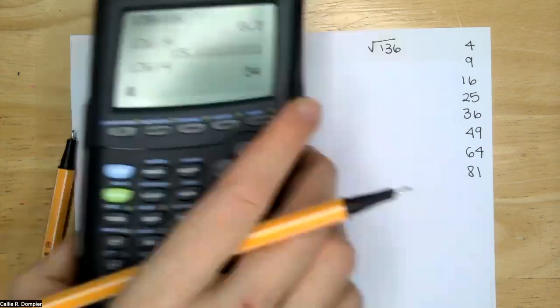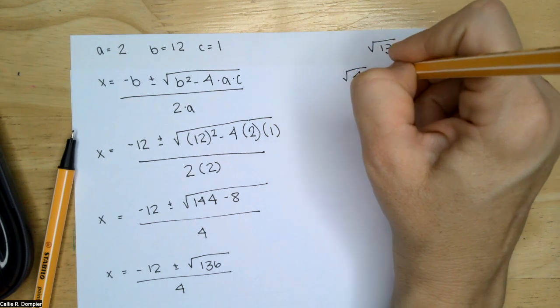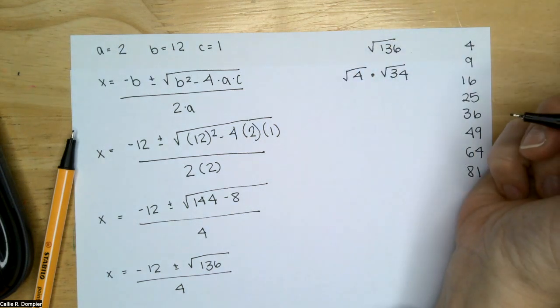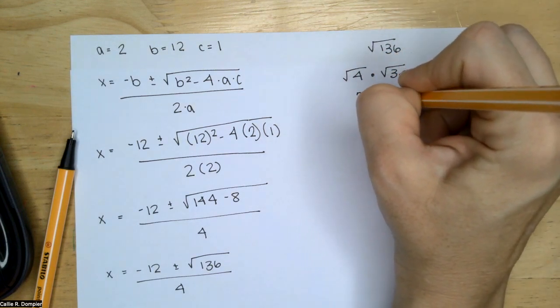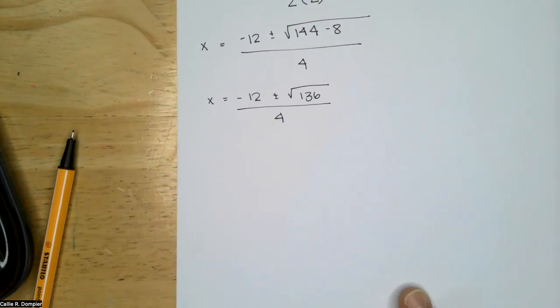It's always the last one. All right, the square root of 136 becomes the square root of 4 times the square root of 34. Square root of 4 becomes 2. So the square root of 136 becomes 2 square root 34.